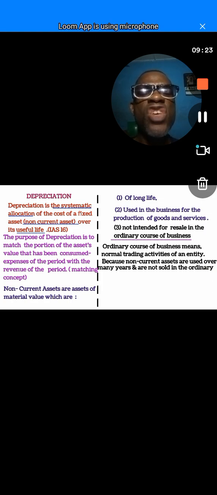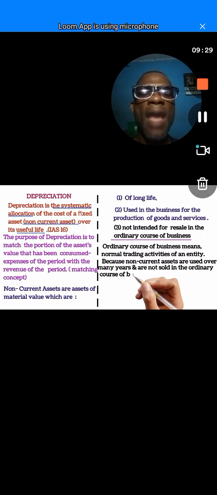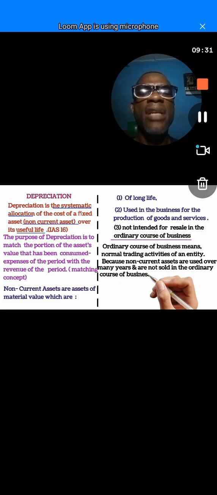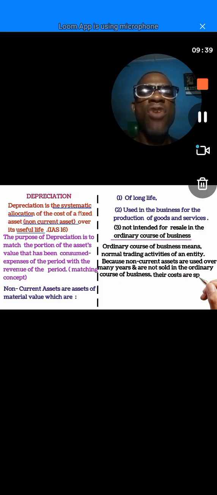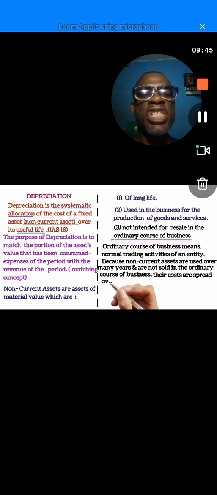Depreciation is a non-cash expense. This is to distinguish between the non-current asset and ordinary inventory. Instead of treating non-current asset as ordinary inventory, we have to distinguish them.